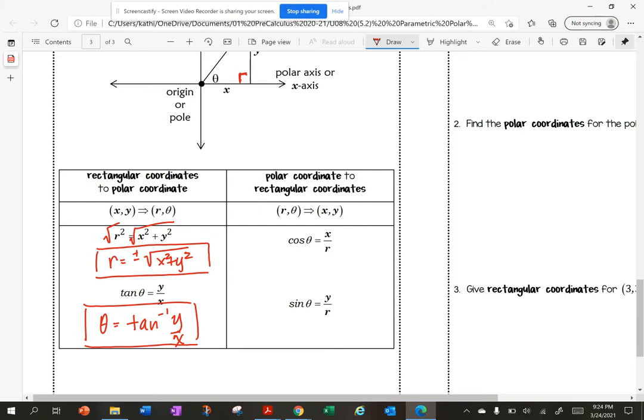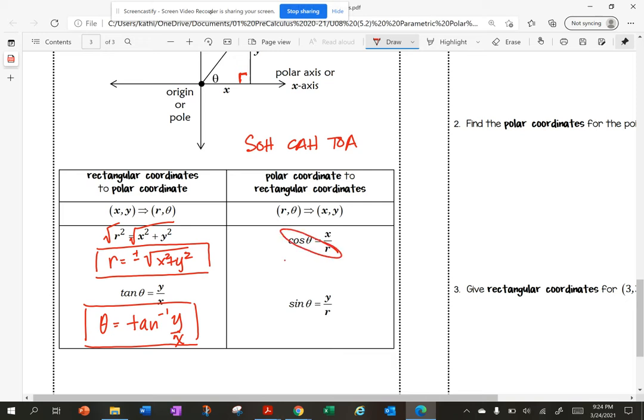Or if I am given r and theta and I need to calculate x and y, I'm just using my standard SOHCAHTOA. So cosine is adjacent divided by the hypotenuse. So I'm solving for x, so I'm really just cross multiplying.